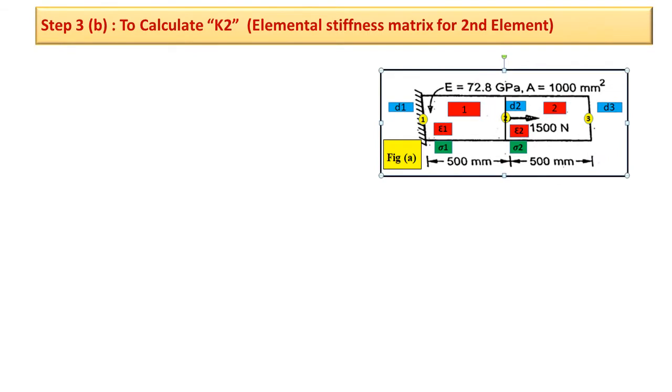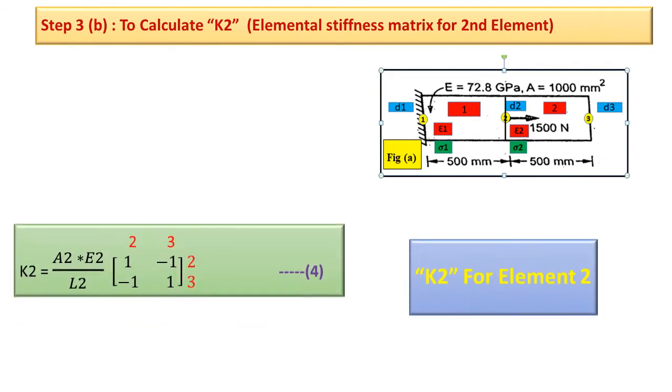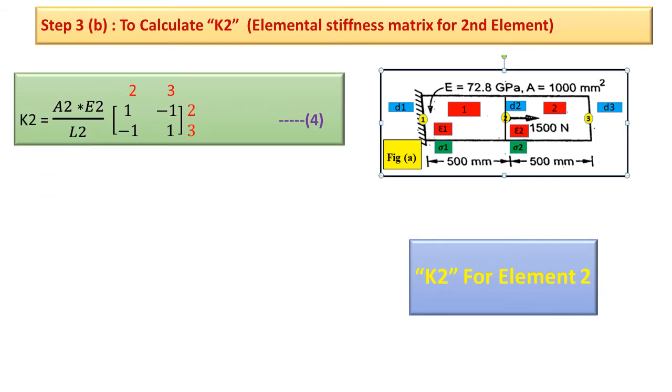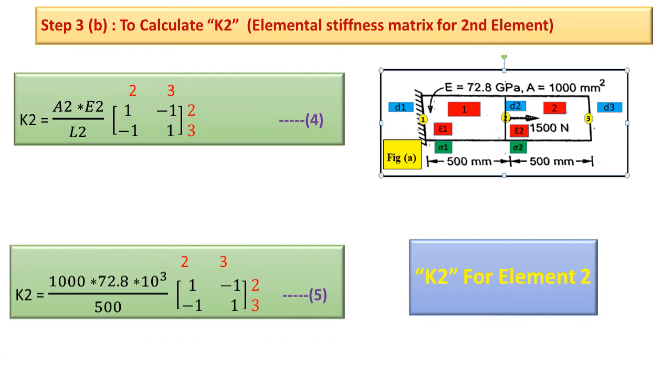Similarly, we will calculate K2, the elemental stiffness matrix for the second element. K2 is equal to A2 E2 upon L2, where 2 represents that this formula is applied to the second element, while the subscripts 2 and 3 represent that the second element lies between node number 2 and node number 3.